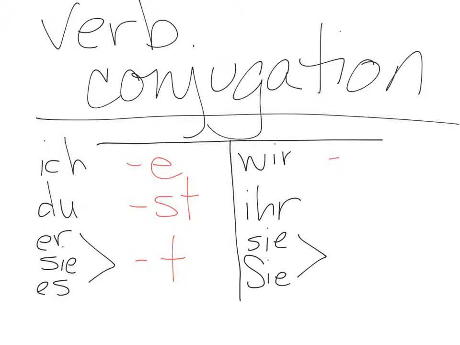For wir, it's going to be en. For ihr, it's going to be t. And for sie and Sie, it'll also be en.